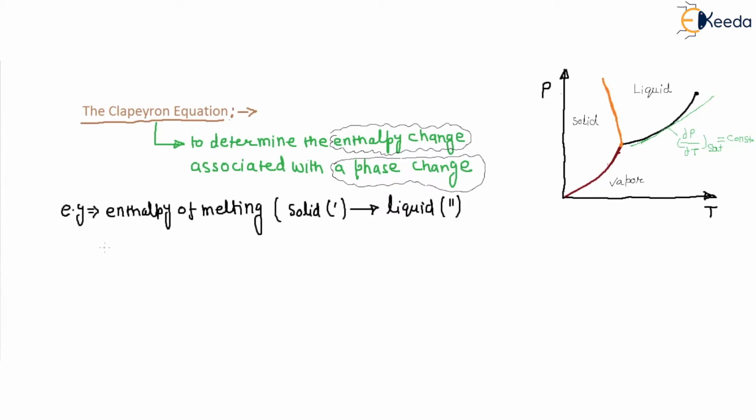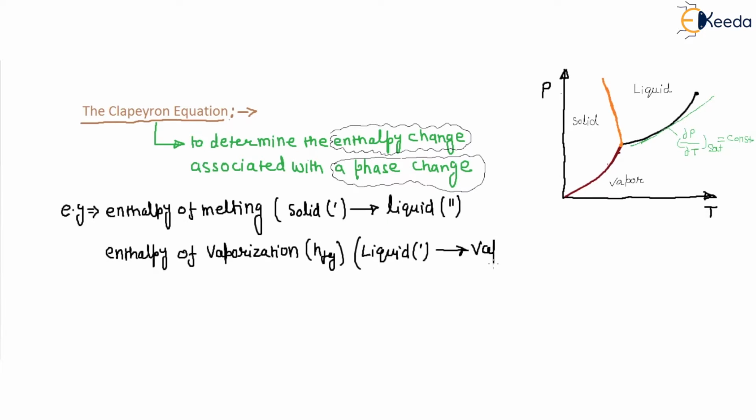Or you can also take the enthalpy of vaporization, denoted by hfg, in which liquid, denoted 1 prime, gets converted into vapor, denoted by double prime.